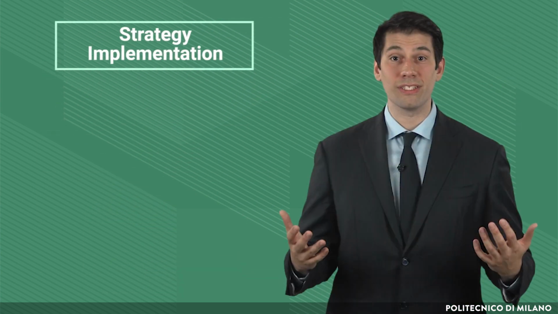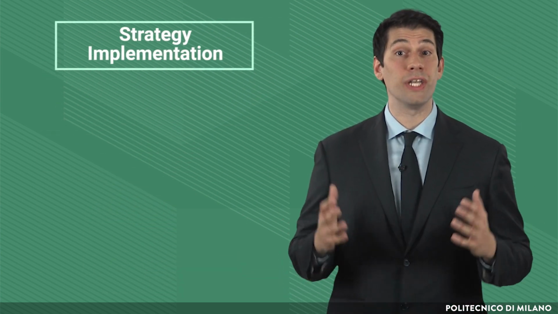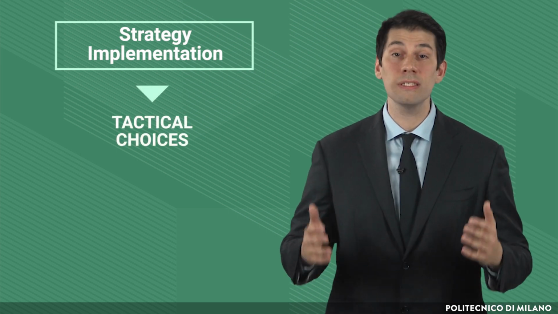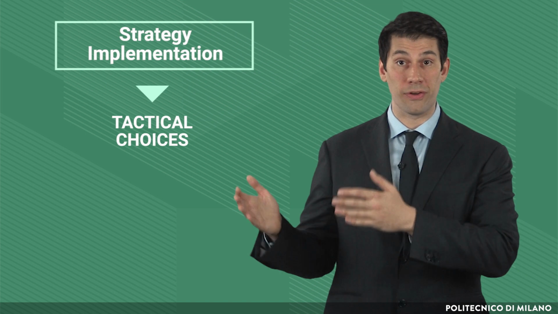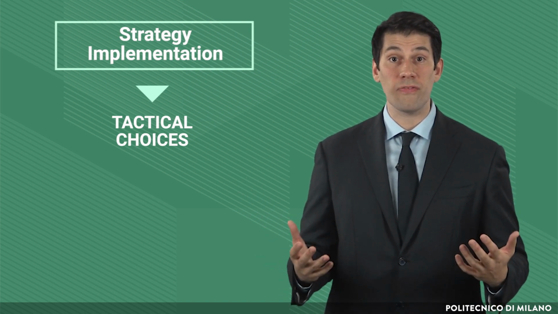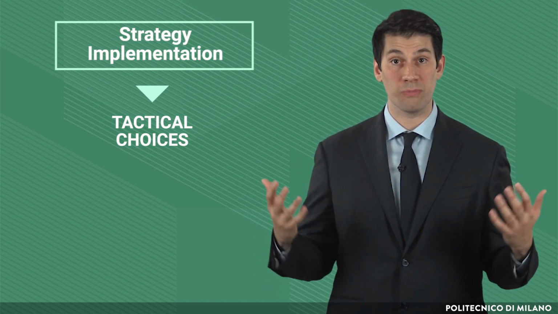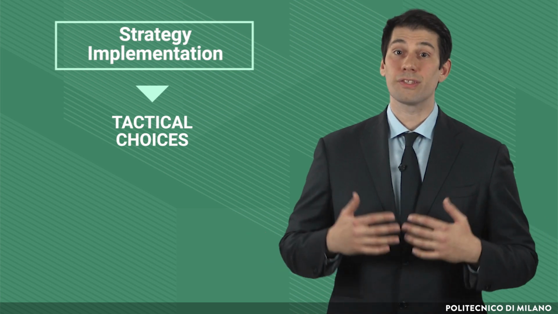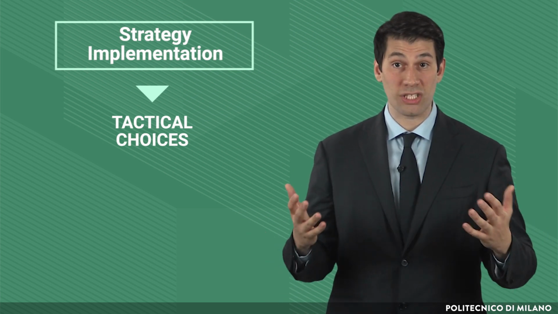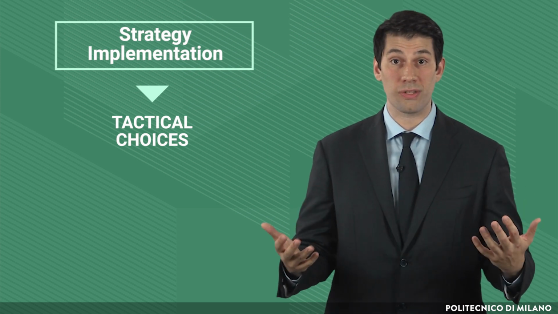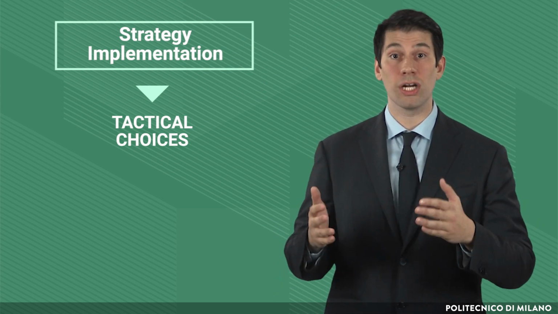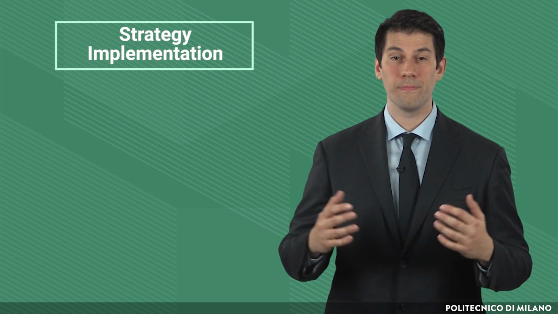Here, the strategy is executed by means of a number of consistent tactical choices that are chained to one another and should lead to achieving the overall strategic objectives. Strategy execution gets strategy down to the basics and encompasses decisions in each given function or unit.